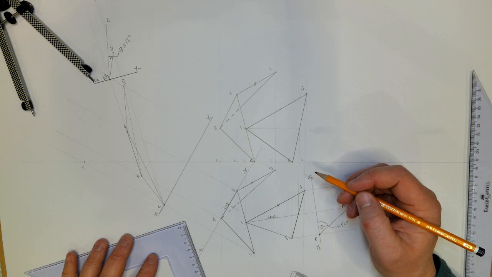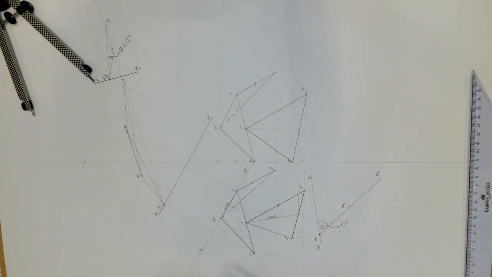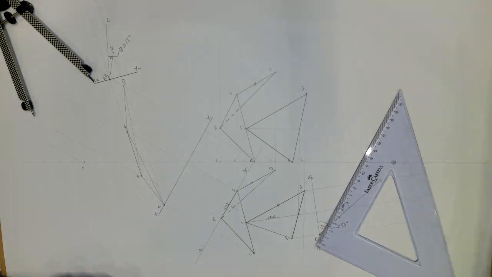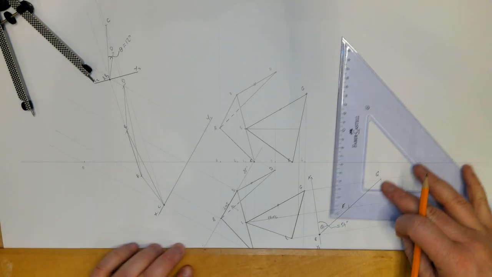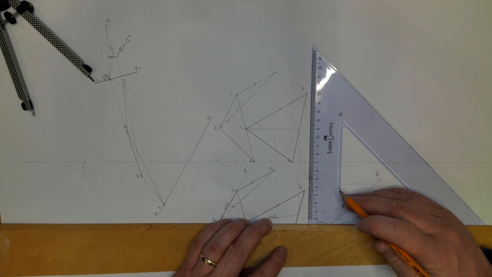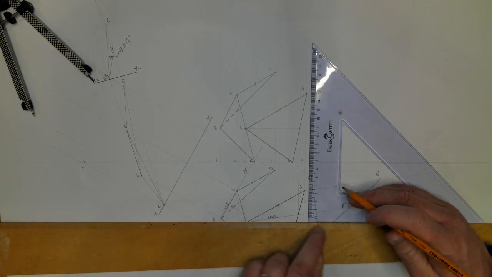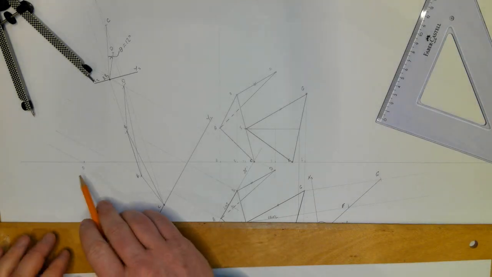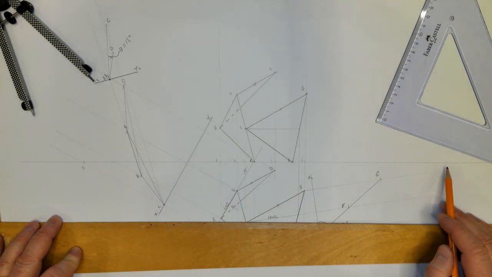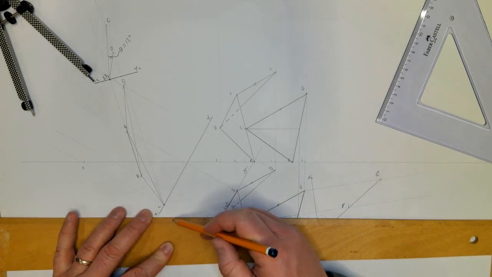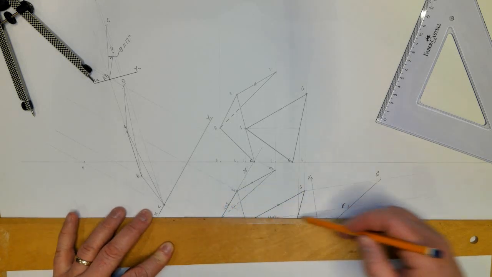Right. The next part of that instruction tells us that it is 68 millimeters away from the vertical plane. So what we can do is plot the distance of 68 millimeters from the vertical plane. Again, the XY line in plan is now a vertical plane. So I've measured 68 millimeters down.